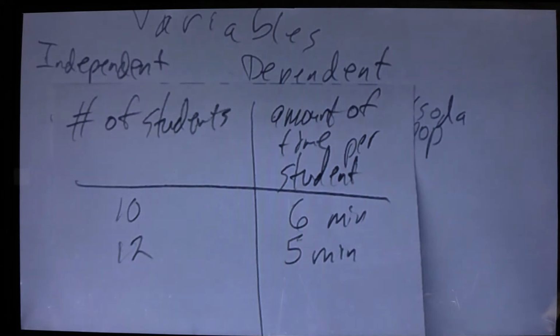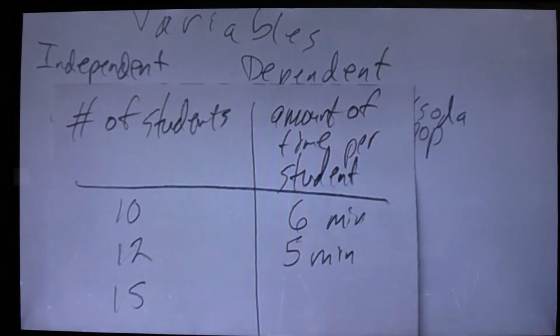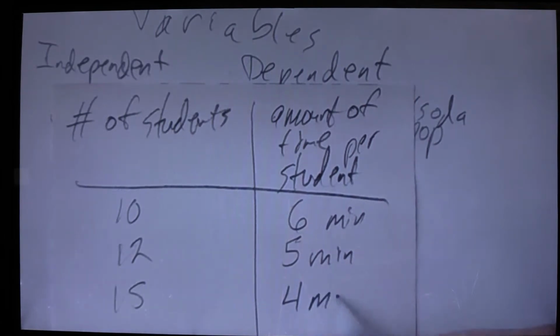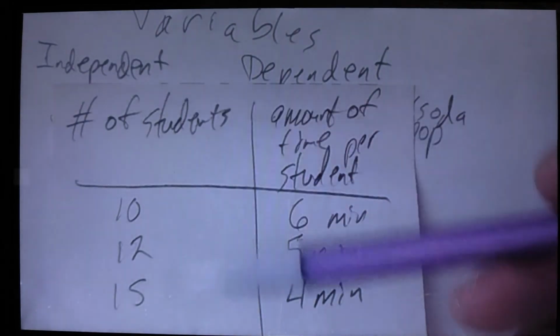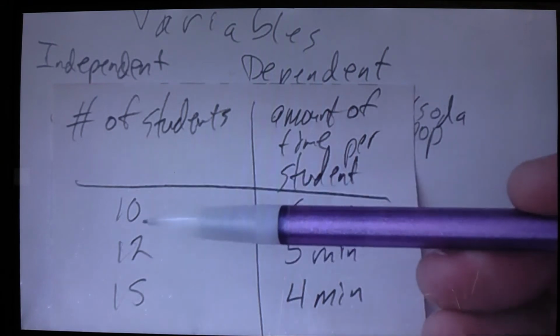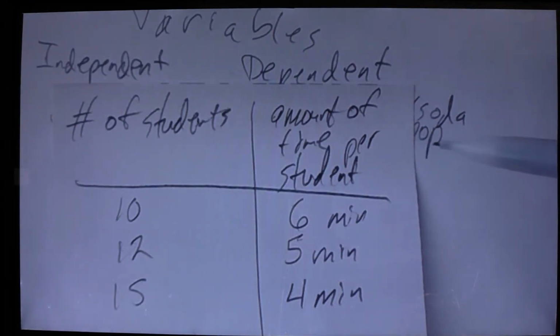And if I were to have, say, 15 students, then I might only have 4 minutes with each student in the course of an hour. Now, when I look at this relationship, the number of students is my independent variable, and depending on how many students I have affects how much time I can spend with each child. And so the amount of time per student is my dependent variable.